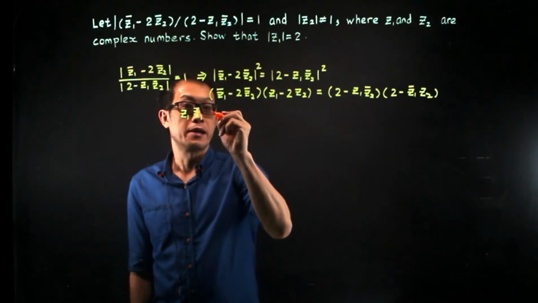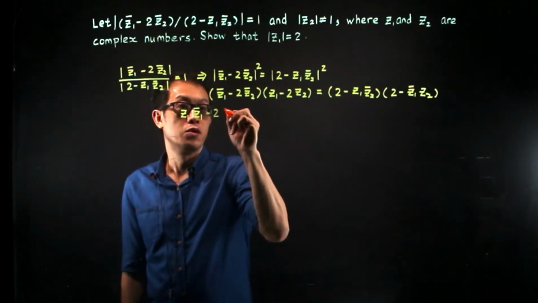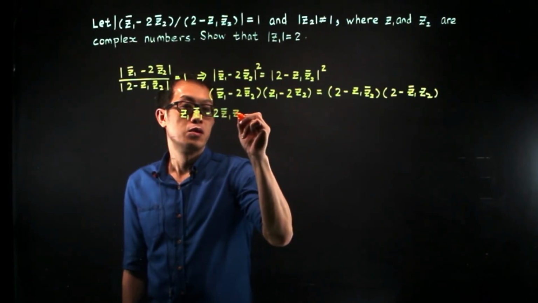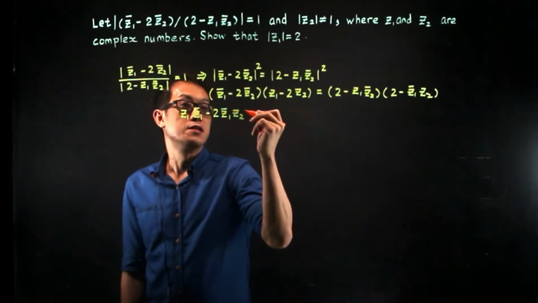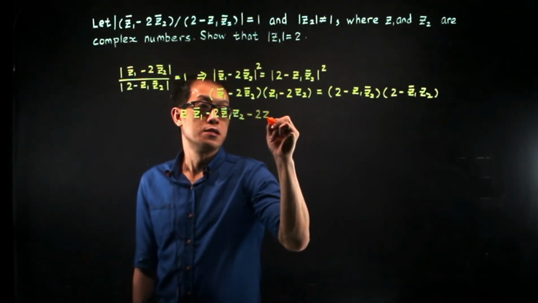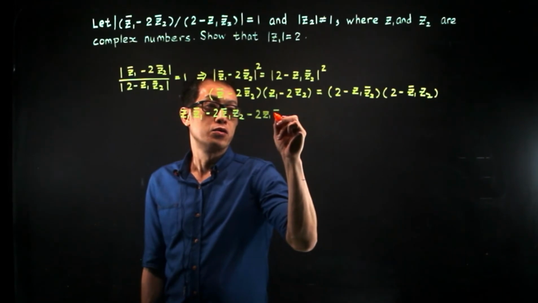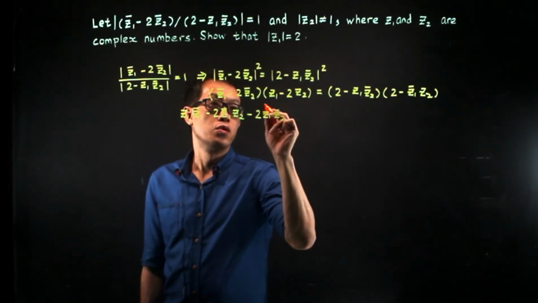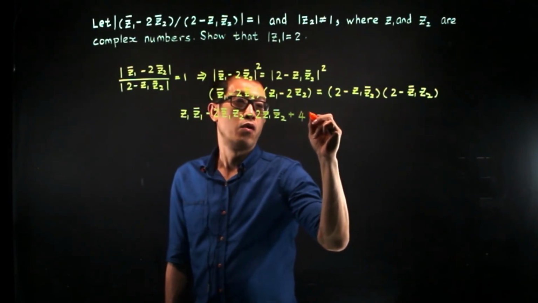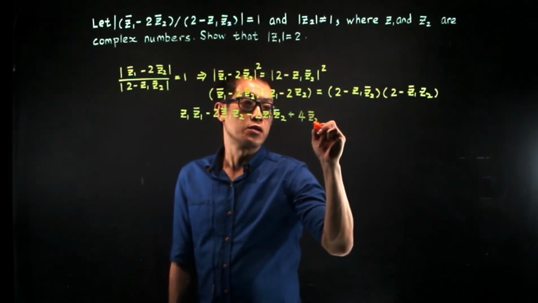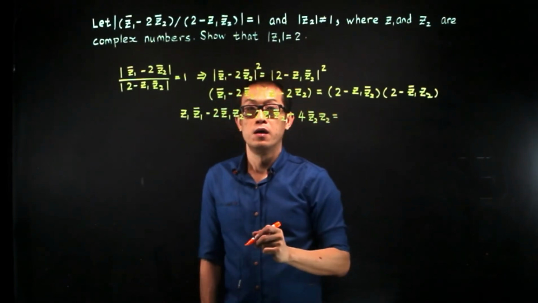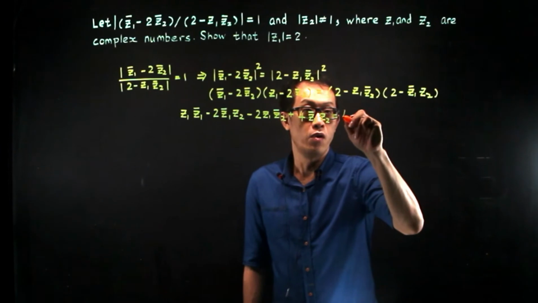So this multiplied by this, I have minus 2 modulus z1 into conjugate z1 into z2. Then this multiplied by this, I have 2 z1 conjugate z2 plus 4 conjugate z2 into z2. This times this is 4.